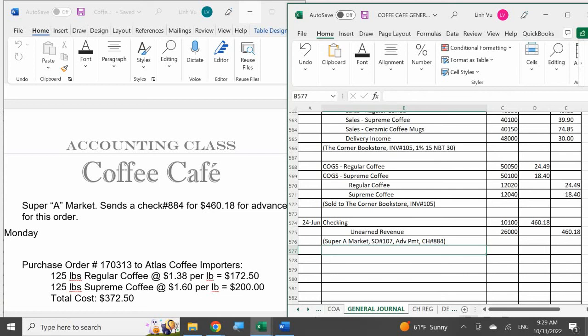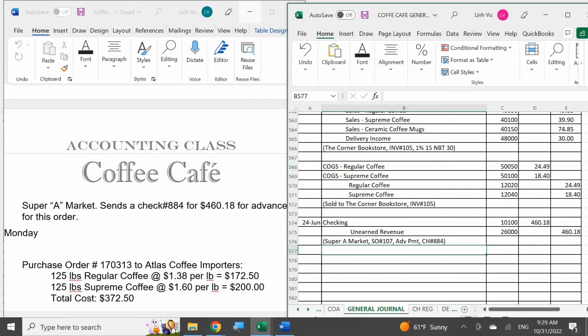So we go into our revenue account. Unearned revenue, we just talked about this, is not a revenue. You haven't earned it yet. You owe it. So what are you going to do instead? When you owe... Okay, accounts payable.